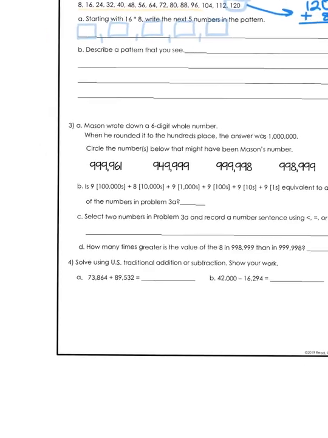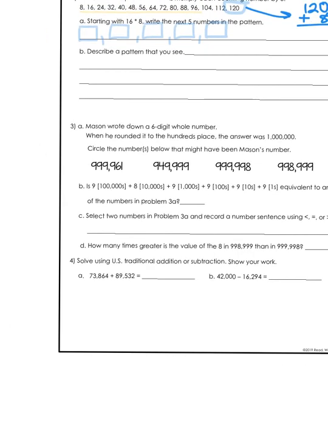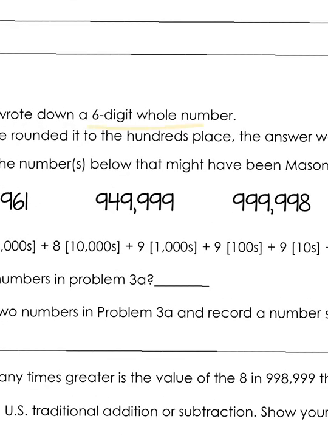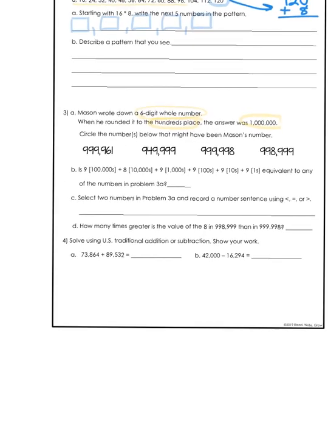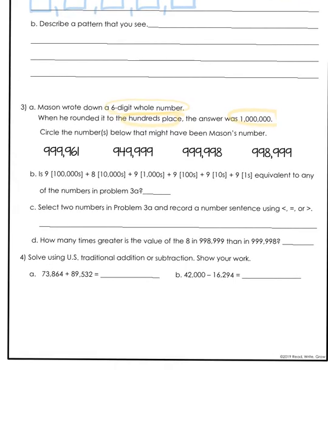Okay, number 3. Mason wrote down a 6-digit whole number. When he rounded it to the hundreds place, the answer was 1,000,000. Circle the numbers below that might have been Mason's number.